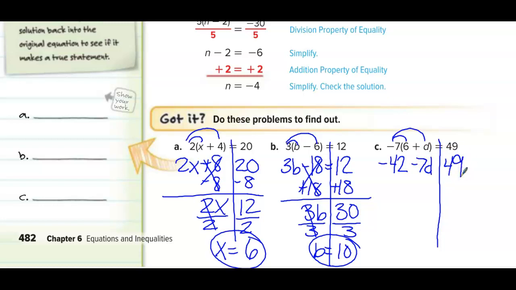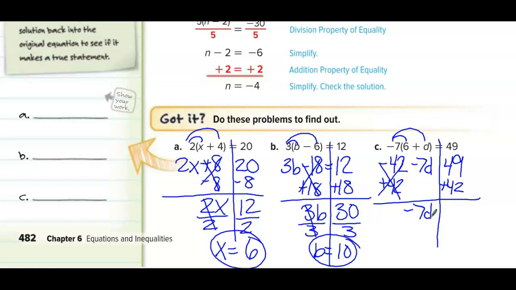I always work on the side that has the variable. At negative 42 minus 7d, I need to get rid of that negative 42. So I'm going to add 42, which you do to one side, you always do to the other. Those make a zero pair. I'm left with negative 7d.